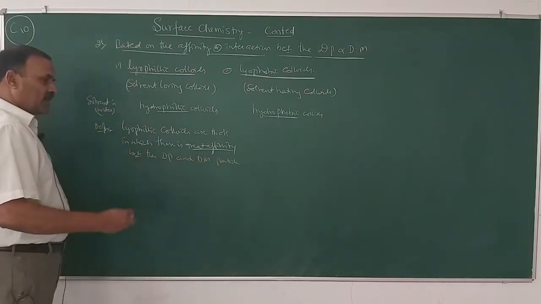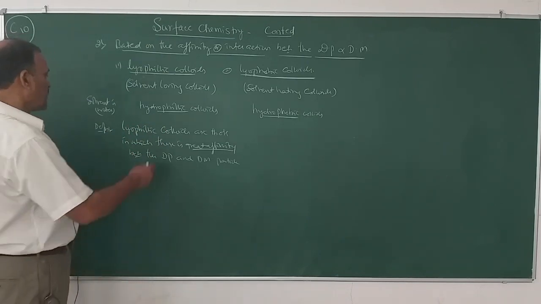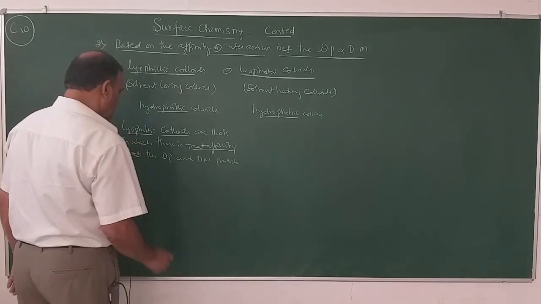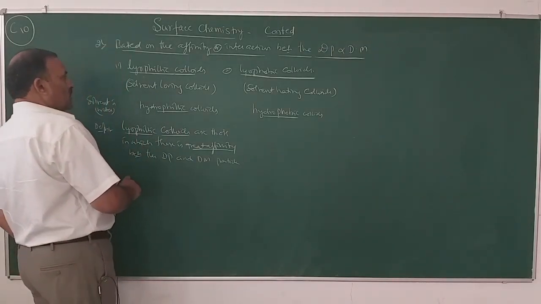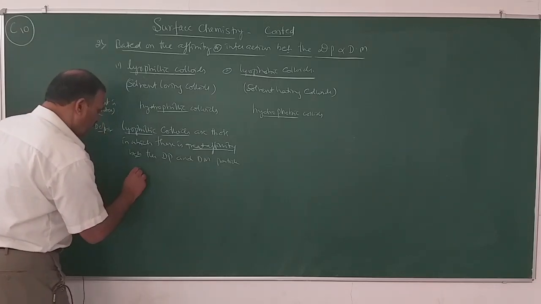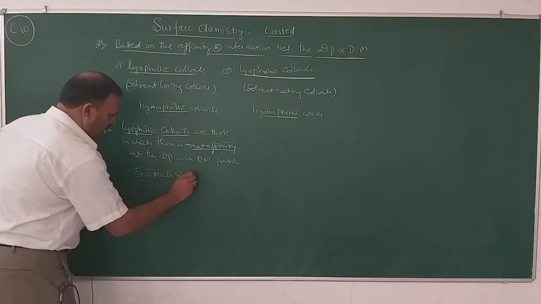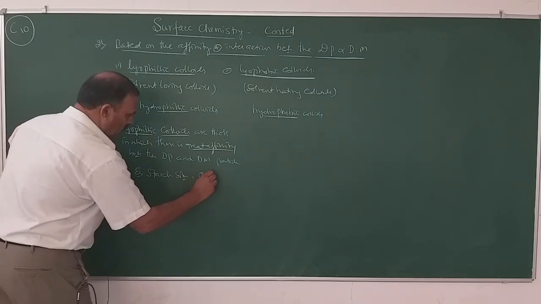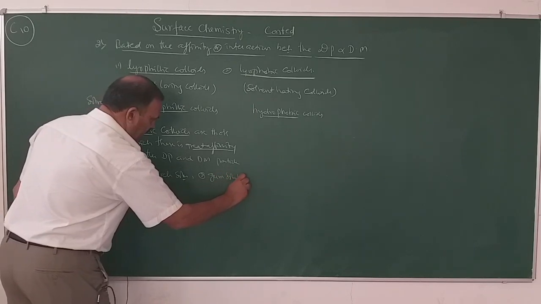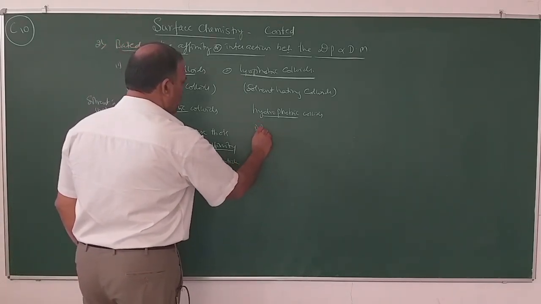So if there is a great affinity between dispersed phase and dispersion medium particles, those colloids are called as lyophilic colloids. They are also called as solvent loving colloids. Example, starch solution, number 2 gum solution, etc.